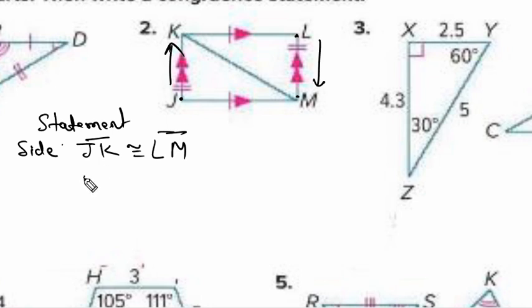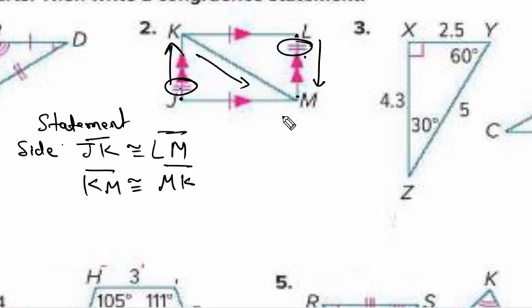Now here side KM is congruent to side MK. If you see this sign also, it is given information, this equal this. KM, MK, reflexive, same in both triangles.